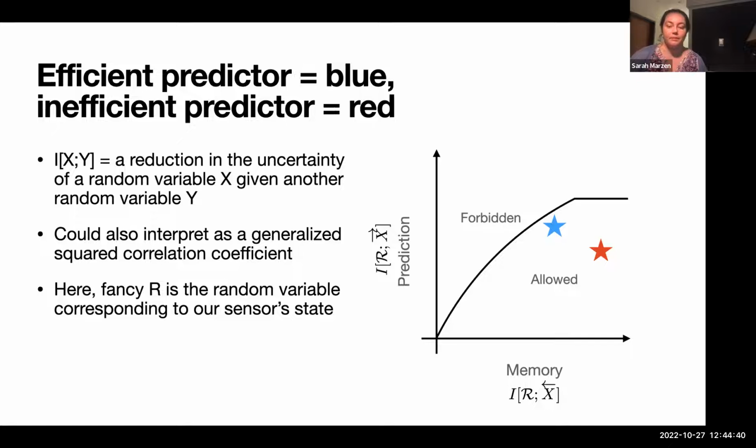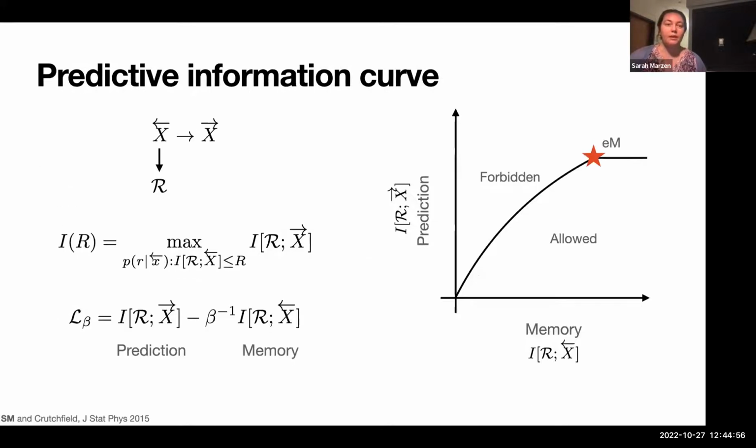That's right. Yeah. Okay. So you might have guessed the problem already just staring at the slide a little bit, which is how do you actually compute this predictive information curve? We've got a semi-infinite future here and a semi-infinite past. So this seems like a hard computational problem. And indeed, I can write this all down mathematically and it looks really nice. For example, you constrain the conditional probability distribution of sensor states given the past of the input such that the memory is less than or equal to R, so that you maximize the predictive power.